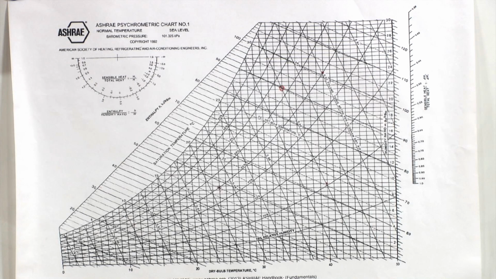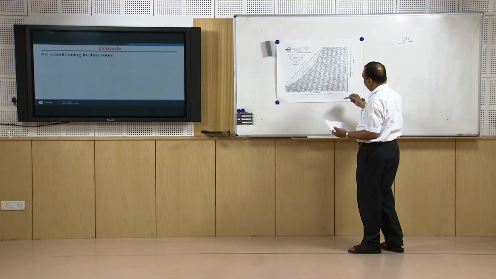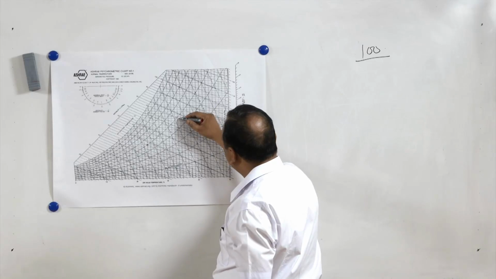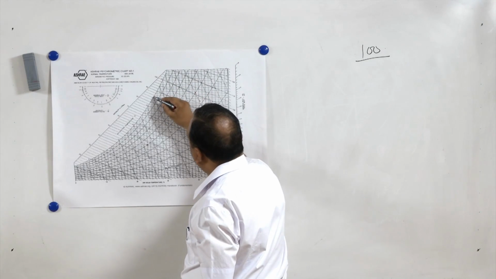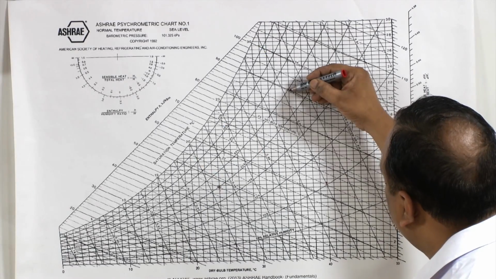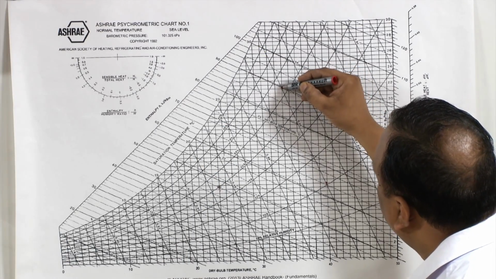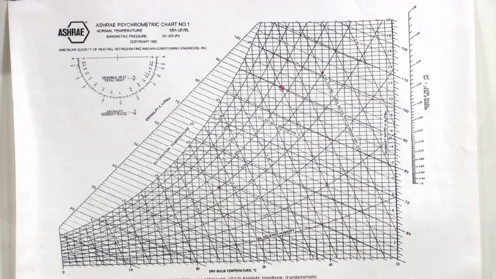First of all I will put the psychrometric chart. A very popular outside condition is 34-28. So, 34 dry bulb temperature and 28 wet bulb temperature. Relative humidity is approximately 65% and 34 degrees centigrade outside temperature.